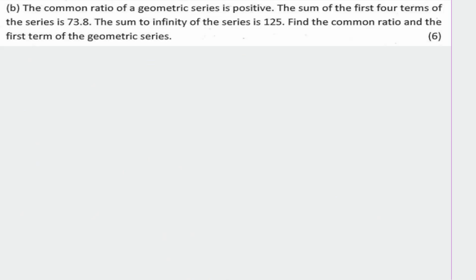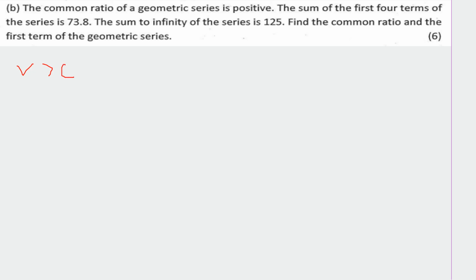So now let's look at the example here. We have an example like this. They say the common ratio of a geometric sequence is positive. Okay. So the first thing they give us is the common ratio. Remember, every time you have a geometric sequence, you have a constant ratio.